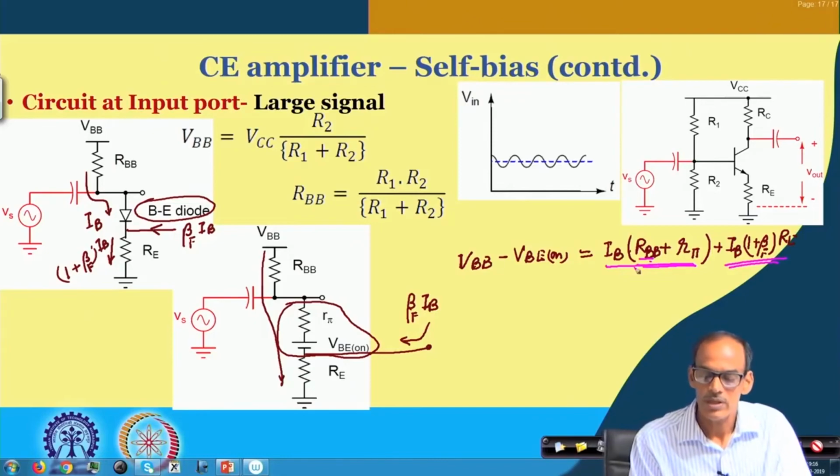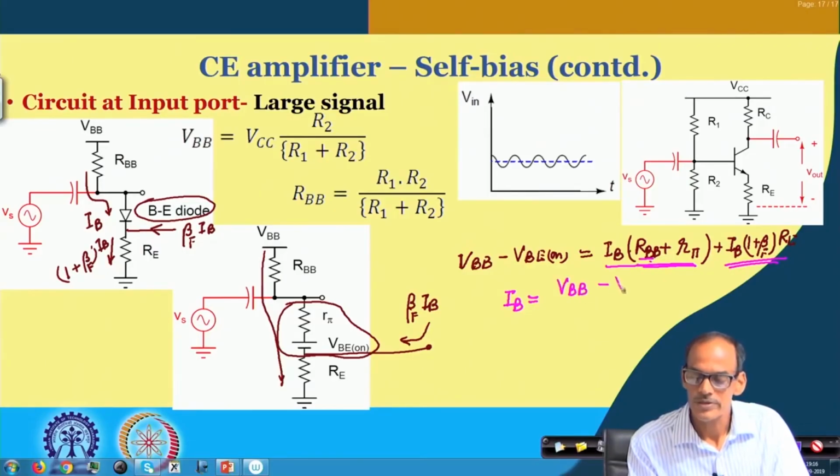So, we may say that IB equals VBB minus VBE on, divided by 1 plus beta F into RE.